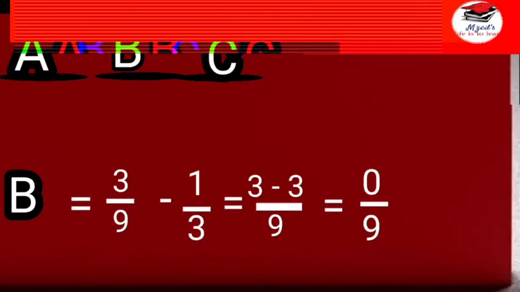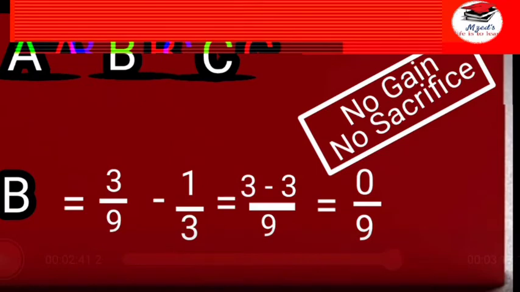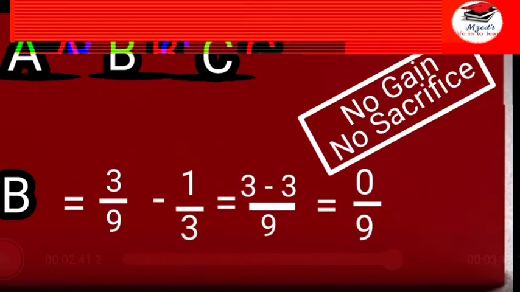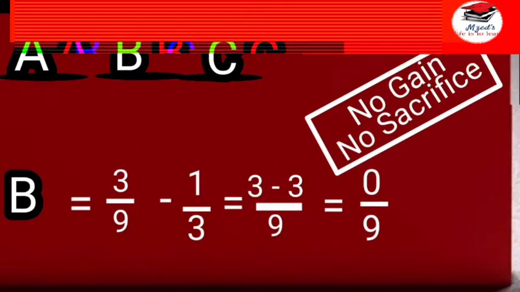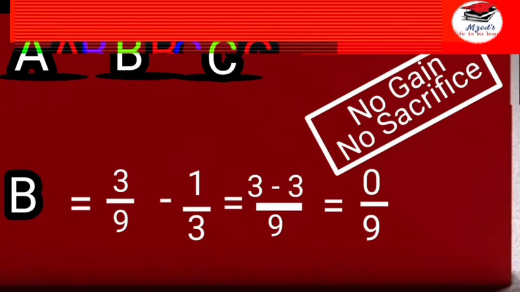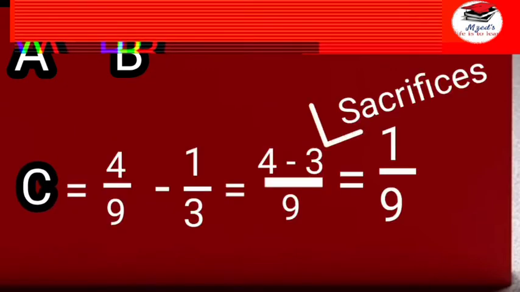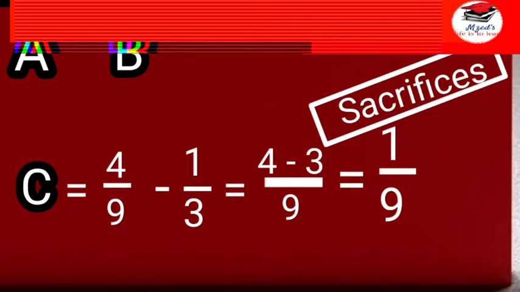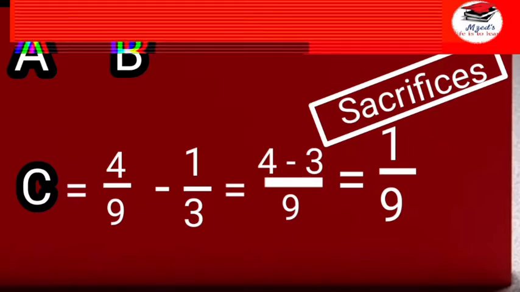Next example we will see is B's share. The same procedure will be applied there, and the answer will be 0/9. That means no gain, no sacrifice. B will neither gain nor sacrifice because it is 0/9, and the answer will be 0. In the case of C, the same thing will be applied, and the answer will be positive, that is 1/9.